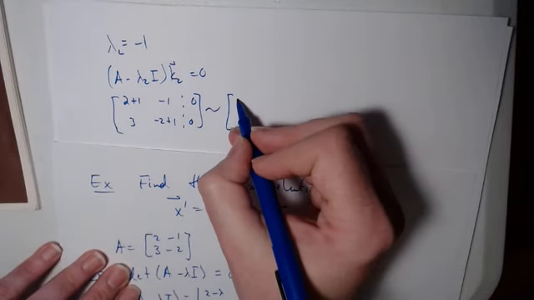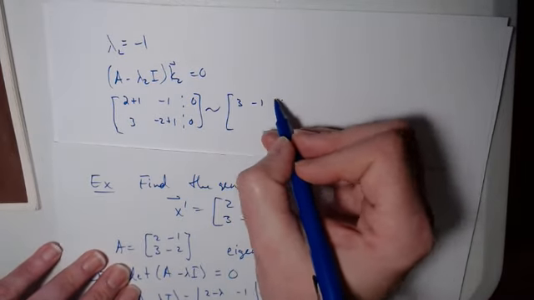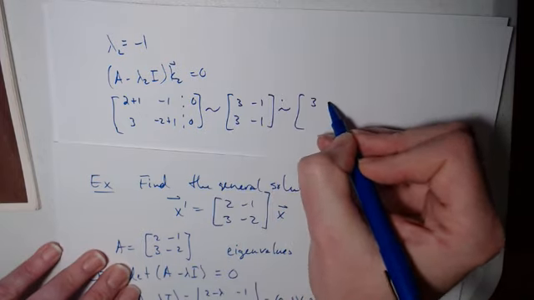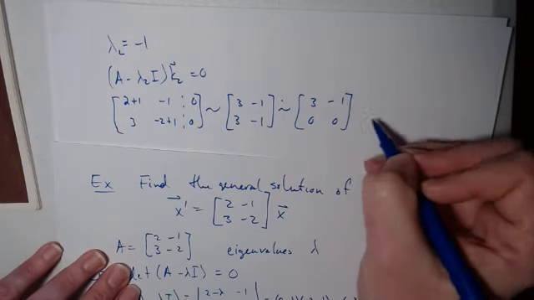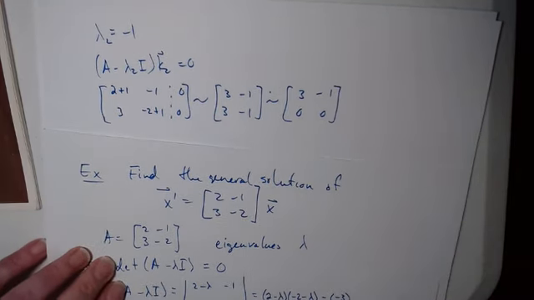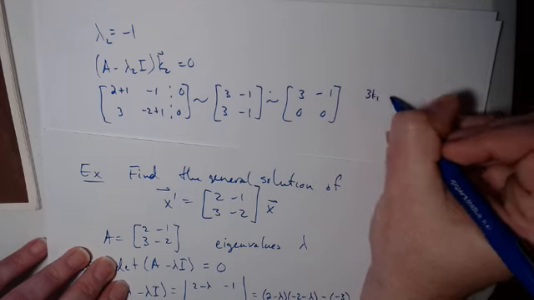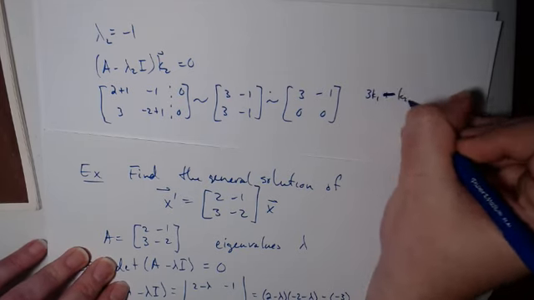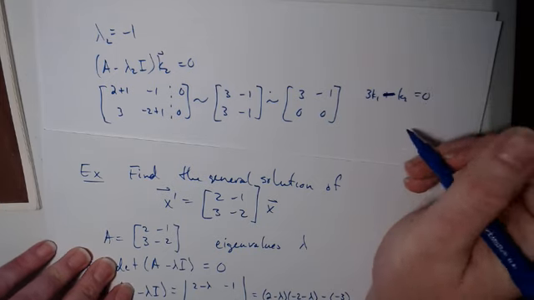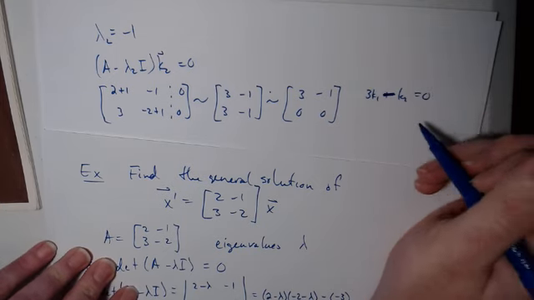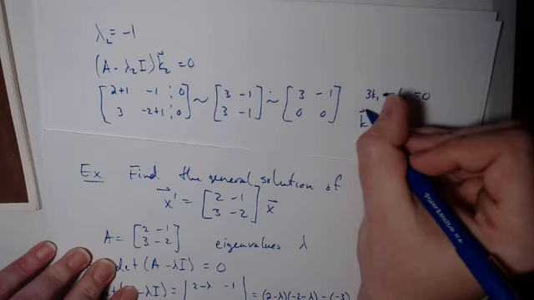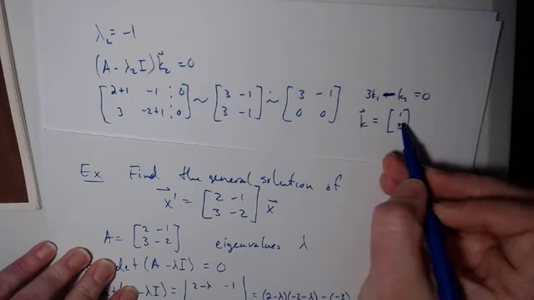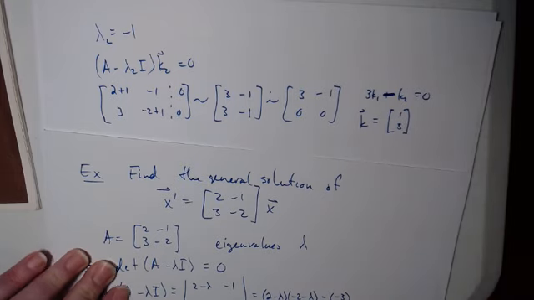So this is [3, -1; 3, -1], which row reduces to [3, -1; 0, 0], which tells me that 3k1 minus k2 equals 0, so I can have something like k equals 1, 3, right? 3 times 1 minus 3 equals 0.